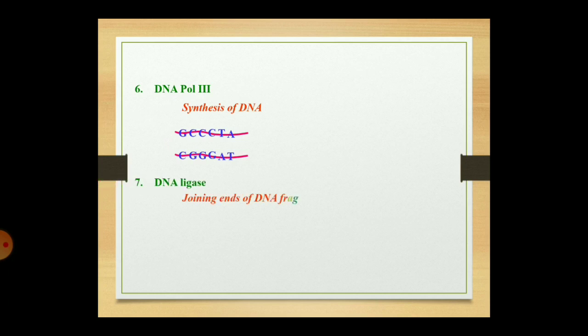DNA ligase joins two DNA fragments. So RNA primers are removed by the DNA polymerase enzyme, and the fragments of DNA are joined with the help of the DNA ligase enzyme. So let us start with the mechanism of DNA replication. The first step involved in the mechanism of replication is the activation of nucleotides.